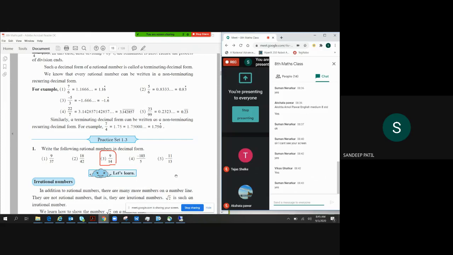Please write in decimal form, and please tell me whether it is terminating or non-terminating also. Someone has written terminating. Please check.